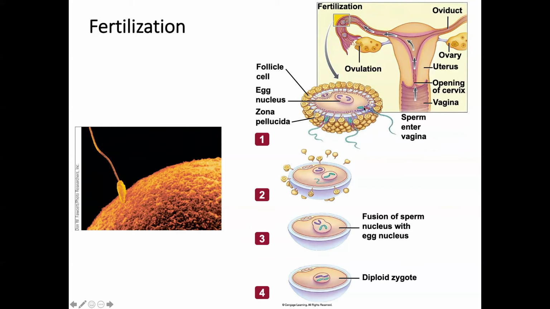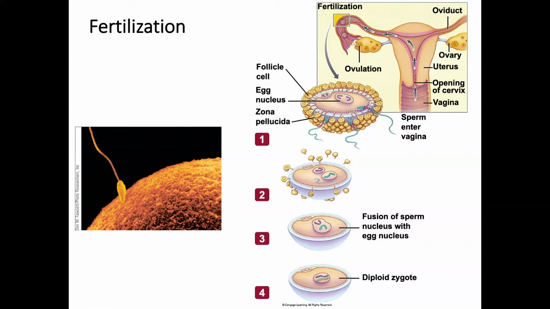Okay, the penetration stimulates the oocyte to begin meiosis too, shown in step 1 in this picture. After completion of meiosis 2, how many polar bodies will be formed? Yes, after meiosis 2, 3 polar bodies are formed.